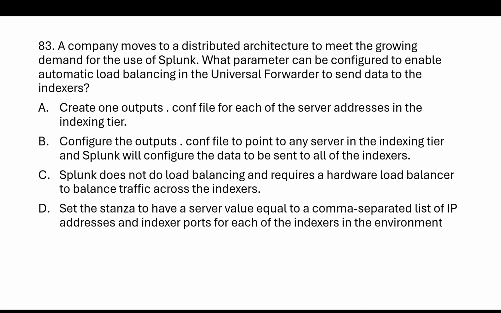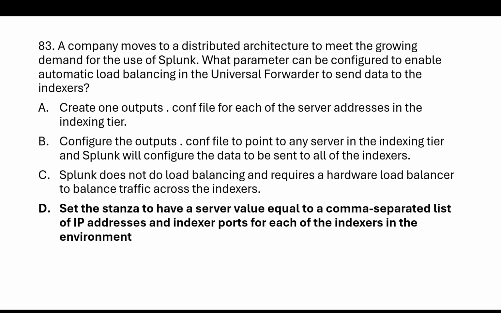Option C, Splunk does not do load balancing and requires a hardware load balancer to balance traffic across the indexers. Option D, set the stanza to have a server value equal to a comma-separated list of IP addresses and indexer ports for each of the indexers in the environment. And the answer is option D.